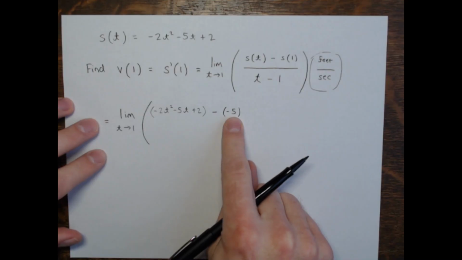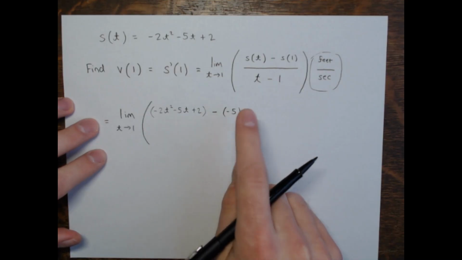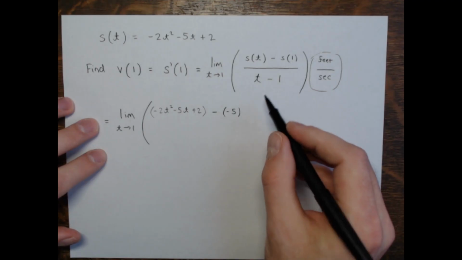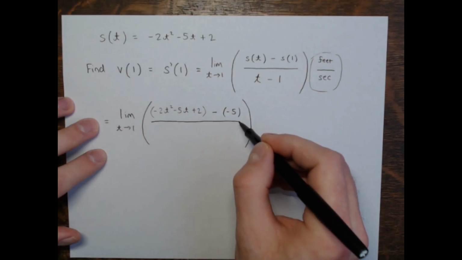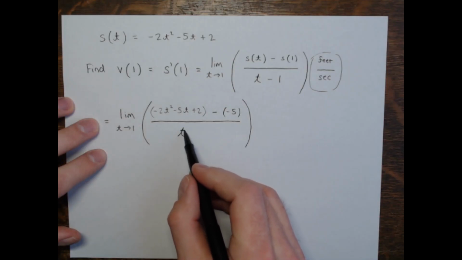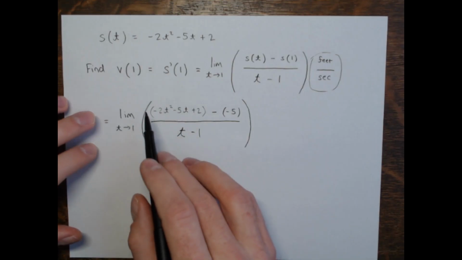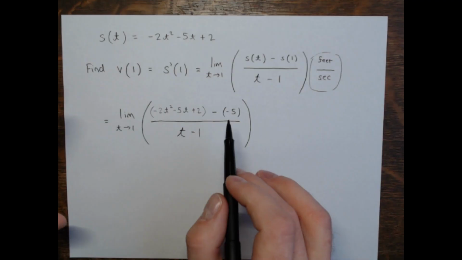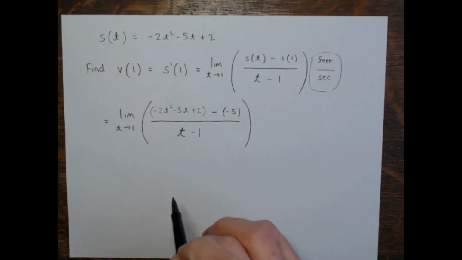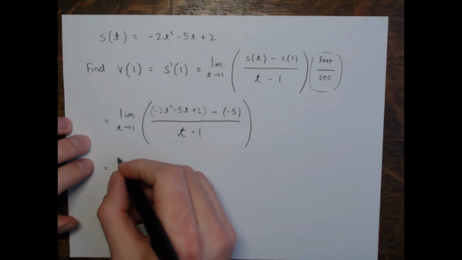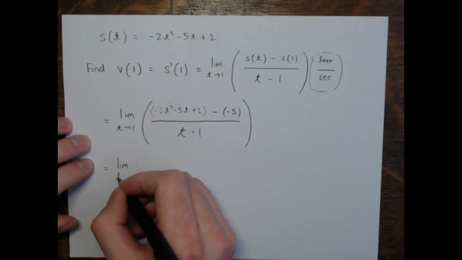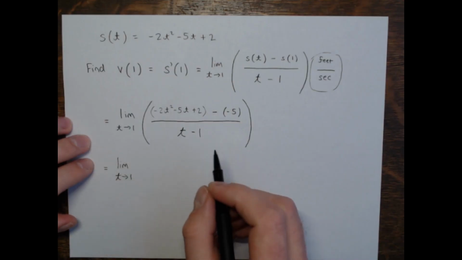I'm 5 feet below that or left of that at time equals 1. Then divided by t minus 1. Now this is another one where if I were to just plug 1 in, I'd get 0 divided by 0. So I manipulate this.